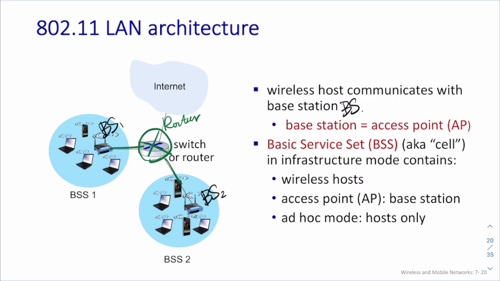In these cases, BSS1 and BSS2 are separate subnets. So one BSS has one subnet. We have two subnets right here. As you can see, it depends on what kind of device, layer 2 device or layer 3 device, is attached to the base station. So it's not necessary that one BSS is a subnet. It is not necessary to be so.